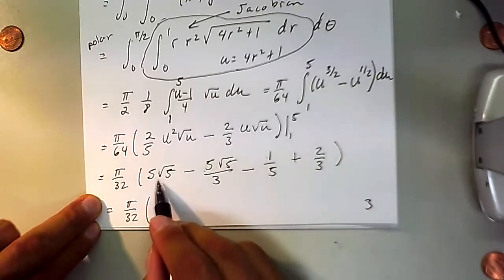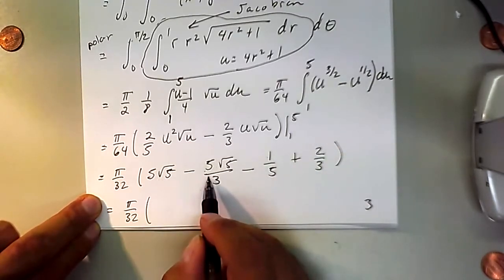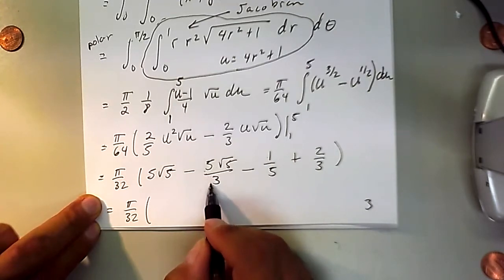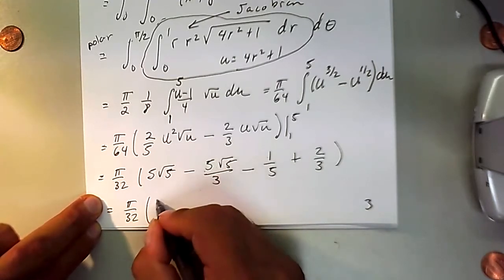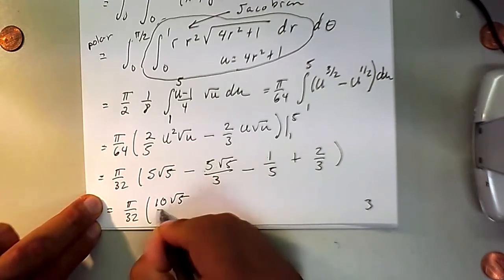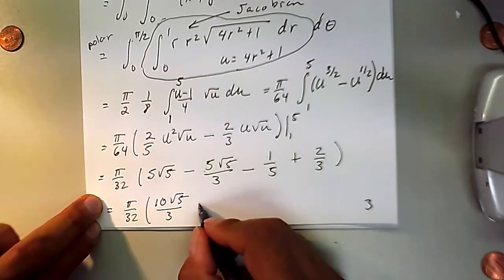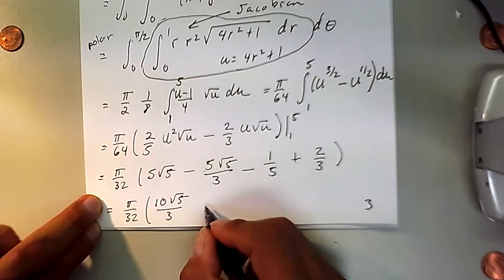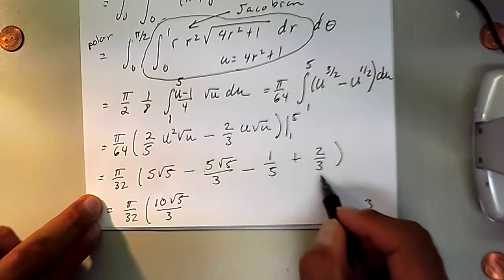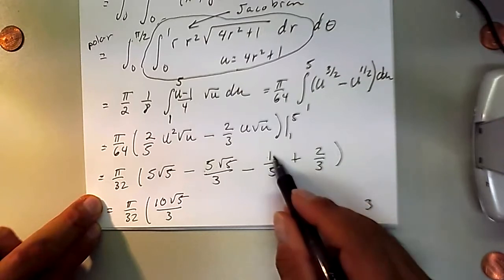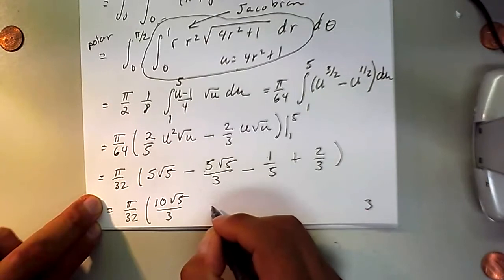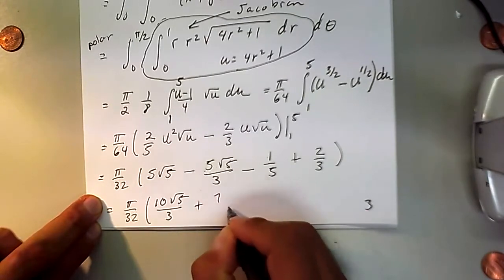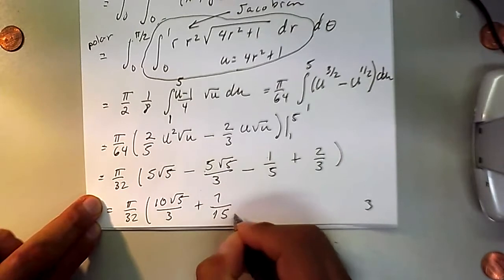So again, this minus a third of itself, that's 2/3 of that thing. So that is 10 root 5 over 3. And then let's do a cross product here. So 3, 10, 10 minus 3 is 7, plus 7 over 15.